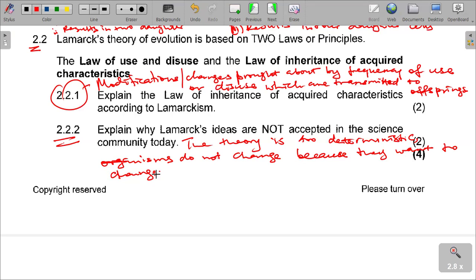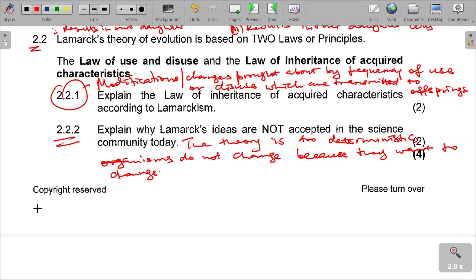Another point we also need to understand is that characteristics acquired by organisms through use or disuse do not affect the organism's genetic makeup, therefore cannot be inherited.